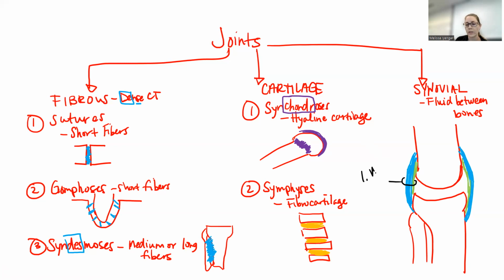This is our articular capsule. And then you have like 1A, and then there's 1B. And on your lecture, I just called this number 2 instead of number 1. Number 1 is the fibrous layer. And that is ligaments. Number 1A is the fibrous layer of ligaments, and number 1B is the synovial membrane.